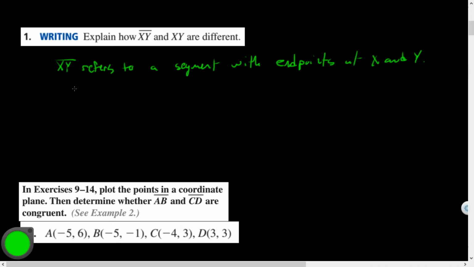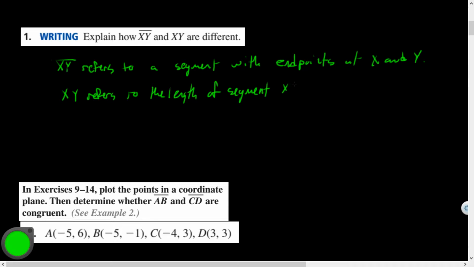Well, XY without that notation over it refers to the length of segment XY.